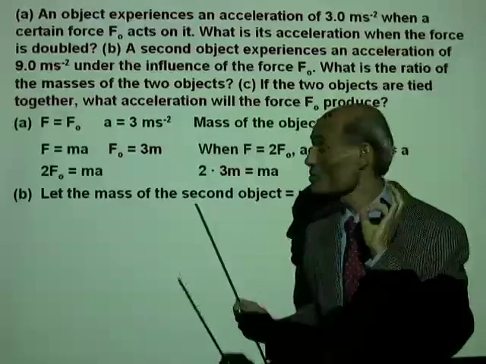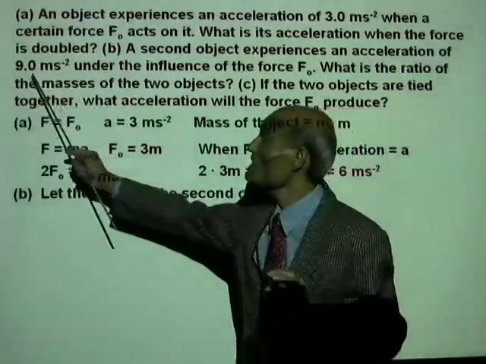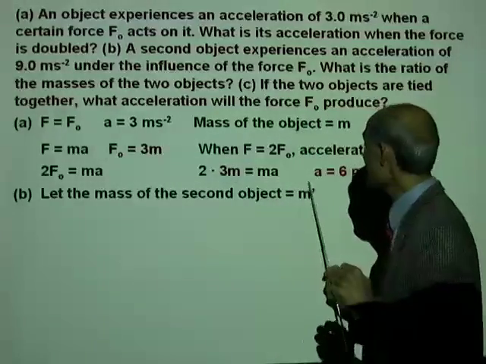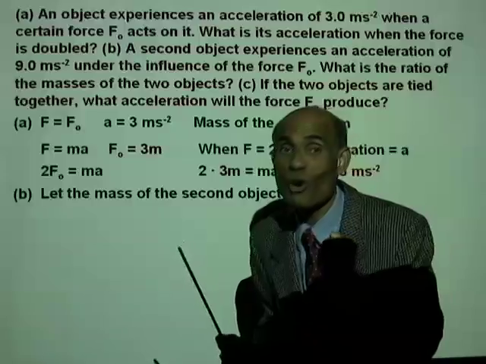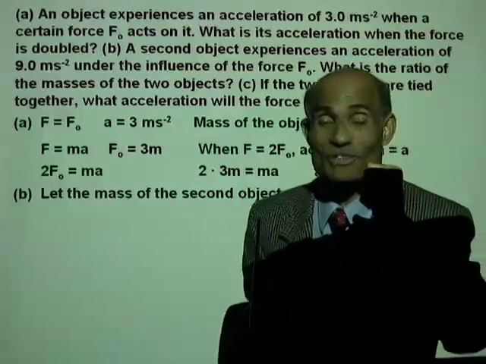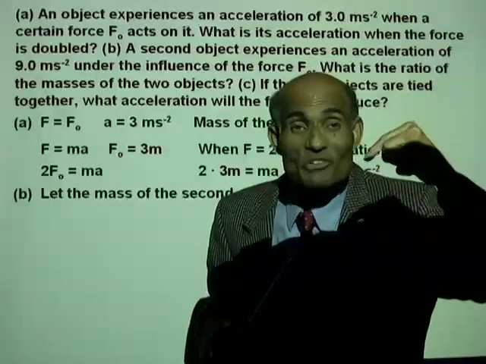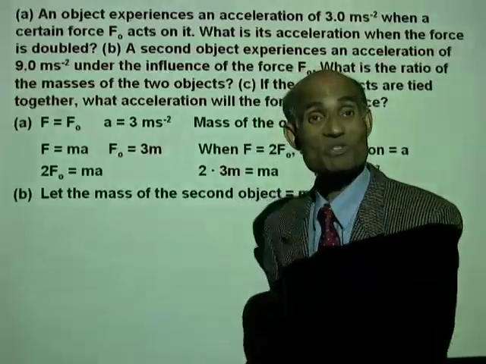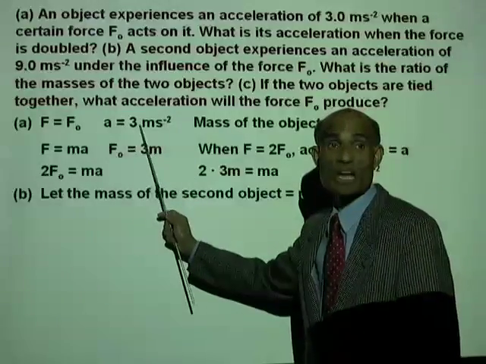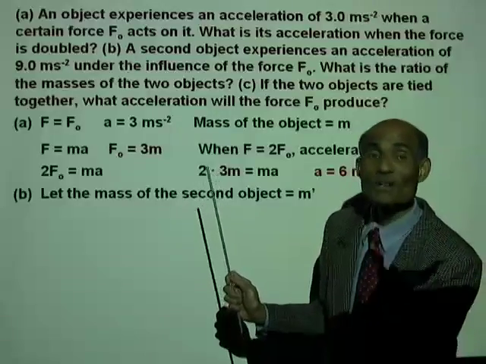The same force acting on a different mass produces 3 times the acceleration. So tell me, is this m prime smaller or bigger than m? If the same force has to produce a bigger acceleration, then that mass has to be smaller. How much smaller? The acceleration has to become 3 times. Therefore, the mass is 1/3 of the original mass.